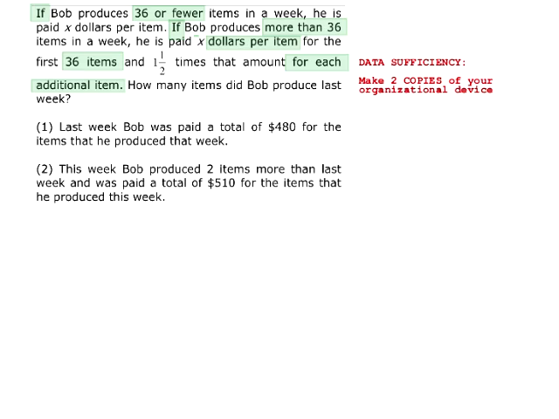Rows. I mean, we can make rows for if it's 36 or fewer. So one row for if production is 36 or less, and another row for if it's greater than 36 items.